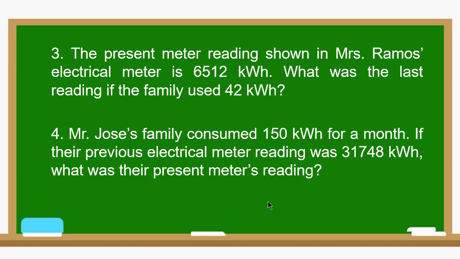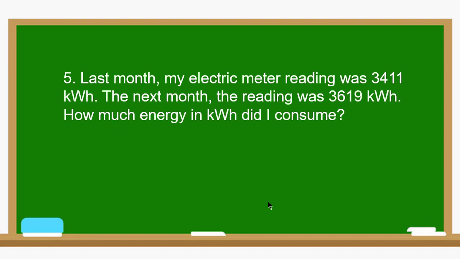If their previous electrical meter reading was 31,748 kilowatt-hour, what was their present meter's reading? And number 5. Last month, my electric meter reading was 3,411 kilowatt-hour. The next month, the reading was 3,619 kilowatt-hour. How much energy in kilowatt-hour did I consume?